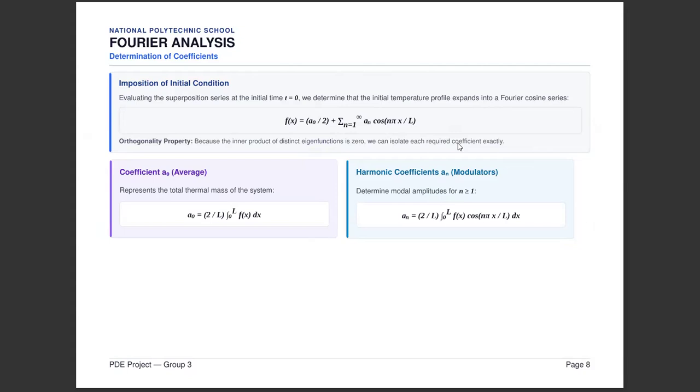The Sturm-Liouville spatial problem yields a discrete spectrum of cosine eigenfunctions that satisfy the zero-flux boundary condition. Temporally, these modes decay exponentially, with higher spatial frequencies smoothing out almost instantly. Through Fourier analysis and orthogonality, the constant term A_0 over 2 gives us the final equilibrium temperature, while the coefficients A_n represent the initial spatial fluctuations.